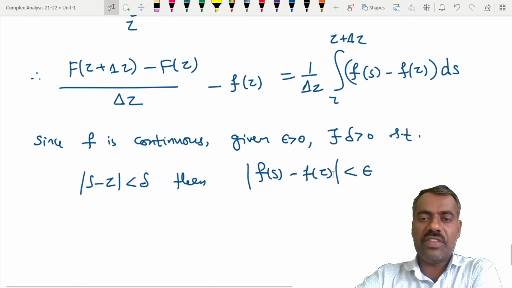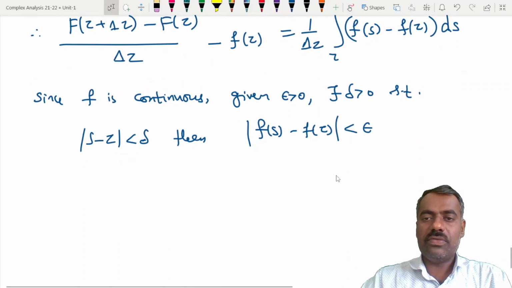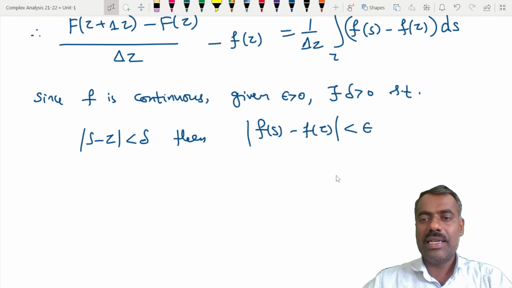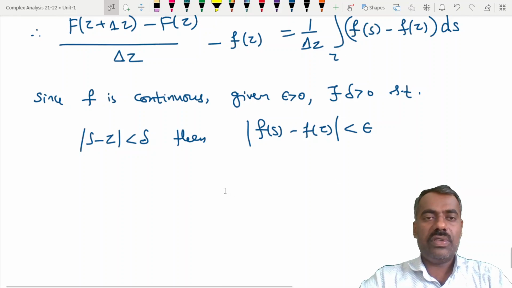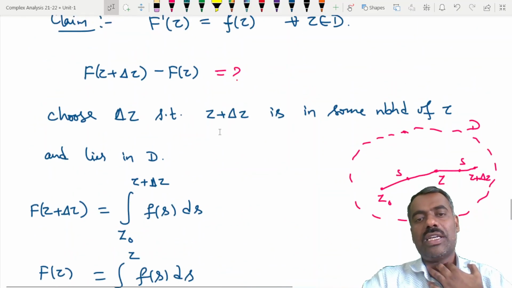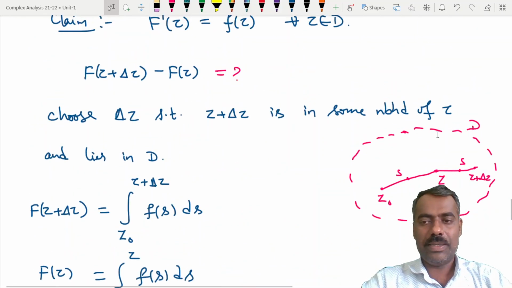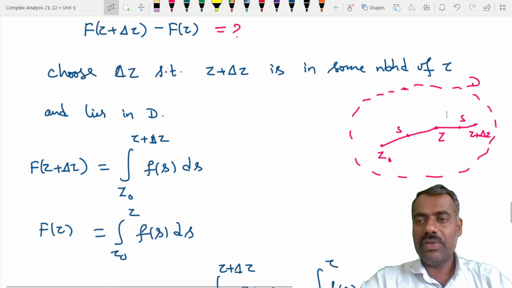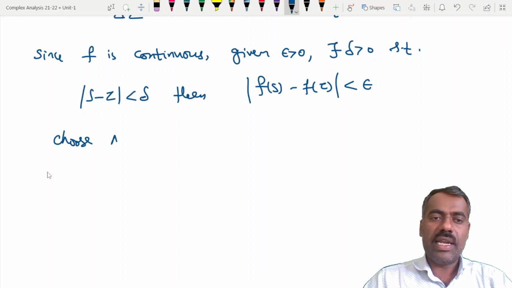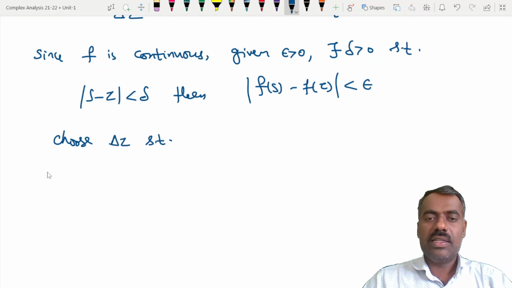Now we start with an epsilon, then there is a delta such that mod s minus z is less than delta. So when we choose this delta z, we have to make sure that z plus delta z is in the neighborhood of z. So choose this delta z such that the modulus of delta z is less than delta.